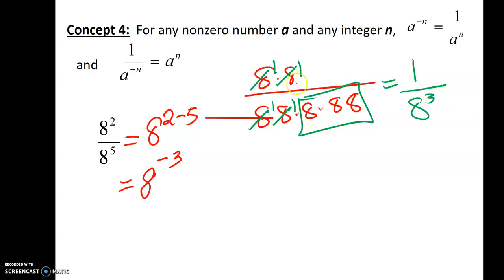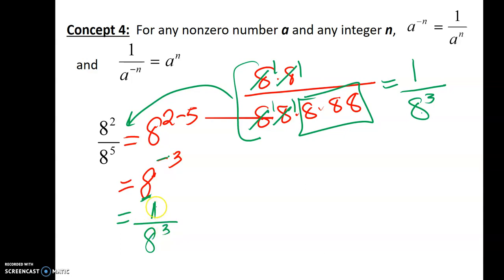Now, this expression here is the same as this expression over here. So that means the final answer over here has to be the same as the final answer that I got when I did it longhand. And so when I get a negative exponent, that tells me that I'm going to take my base to that exponent, but I'm going to move it to, in this case, the denominator.